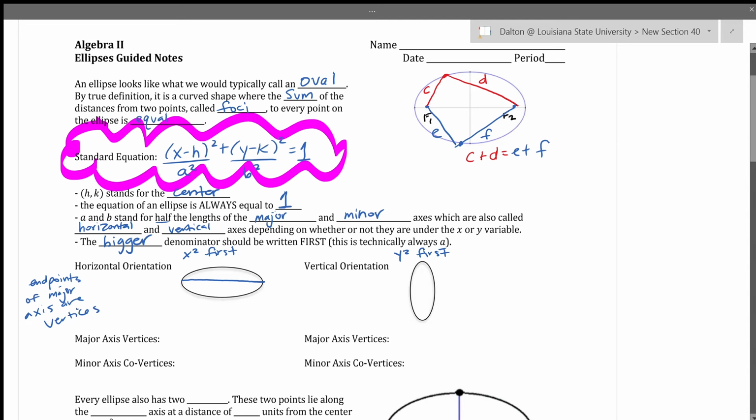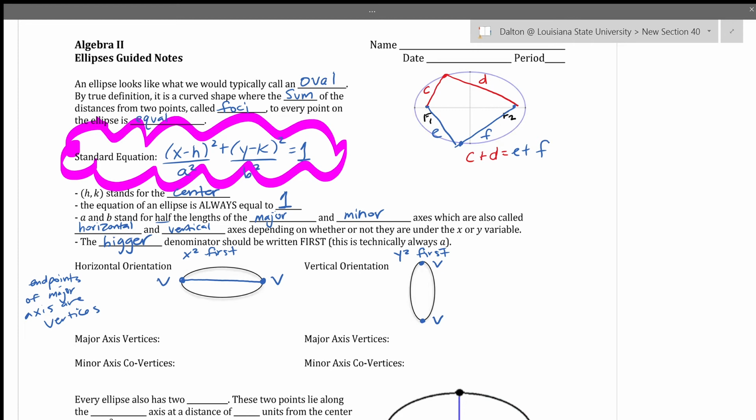So wherever your bigger axis is, those endpoints, I'm going to put V here for vertices. And the vertical orientation ellipse has the same endpoints, except those are the topmost and bottommost points. Visually they're easy to find on a coordinate plane. You can just figure out what their ordered pair is.